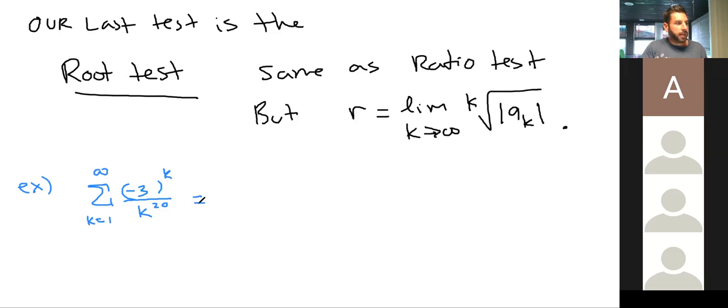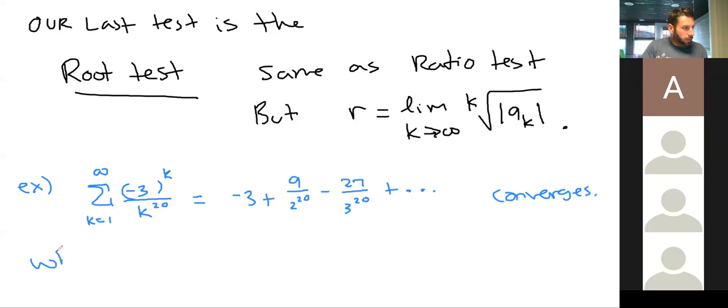If you write this out, this is -3. Then the next term becomes 9 over 2 to the power 20, minus 27 over 3 to the power 20. So this guy converges.